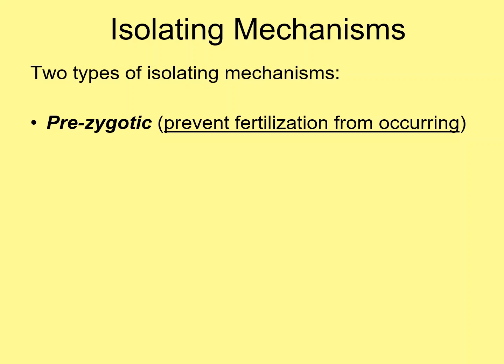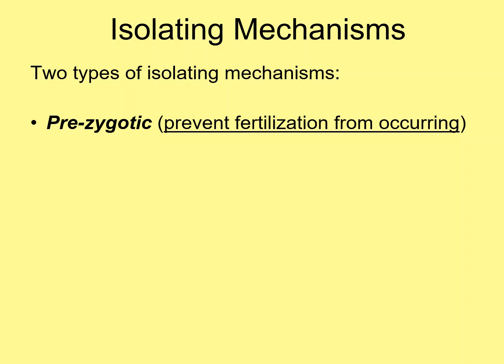This is a new organism that's separate from its parents. In the case of interspecific mating, a zygote that forms is a hybrid. So basically, a prezygotic isolating mechanism is preventing hybrids from forming in the first place.